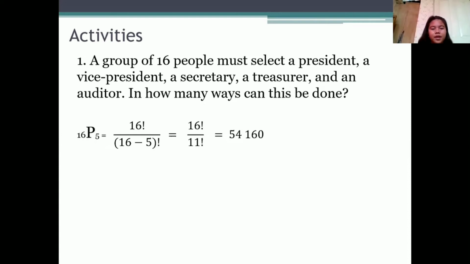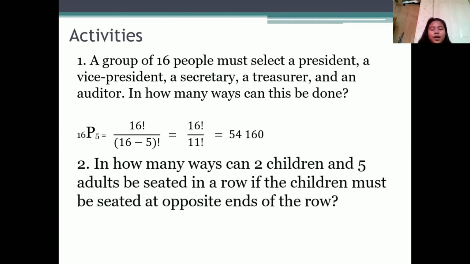Next, number 2. In how many ways can 2 children and 5 adults be seated in a row if the children must be seated at opposite ends of the row? So we have 2 factorial and 5 factorial, and we are going to multiply these.